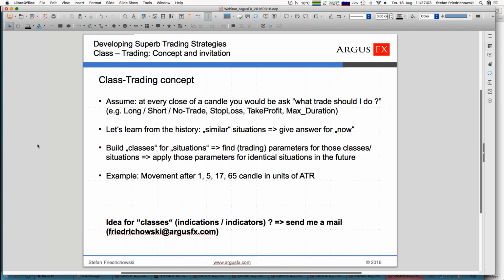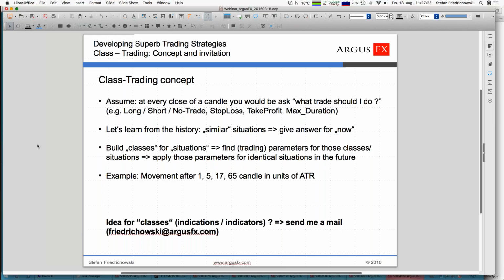So the basic assumption is simply you look at your chart. For example, Euro, US dollar on an H1 basis, so an hourly basis chart, just as an example.